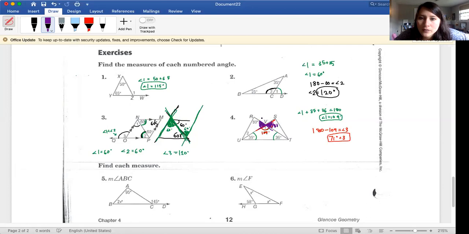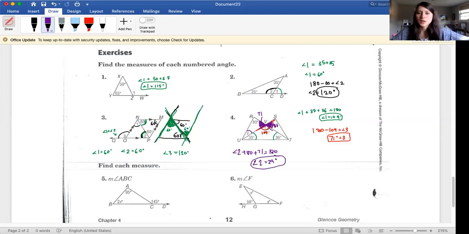So if they're congruent, this angle would be 71 degrees, and I can now use that two angles plus angle 2 equals 180. So angle 2 plus 80 plus 71 equals 180. Now I can subtract from 180. 180 minus 71 minus 80 is 29. So angle 2 equals 29 degrees.